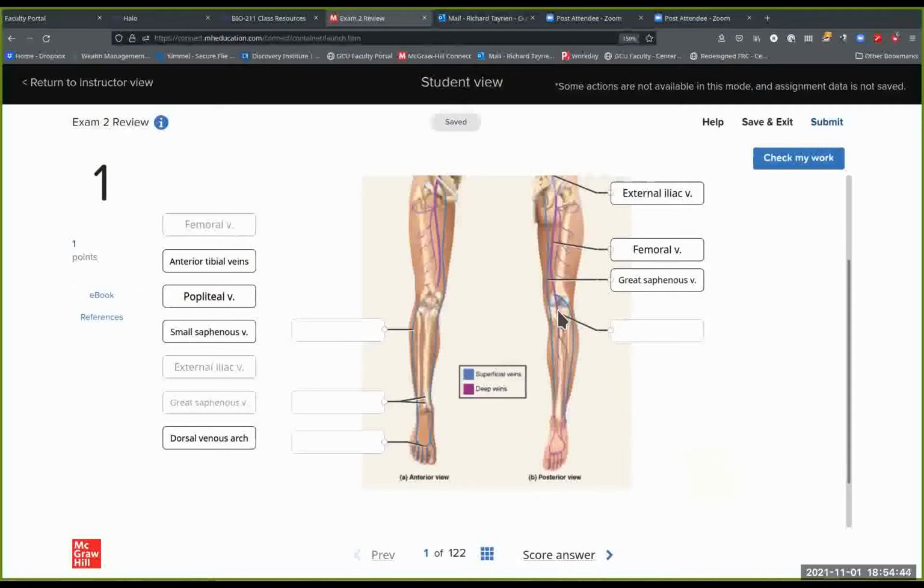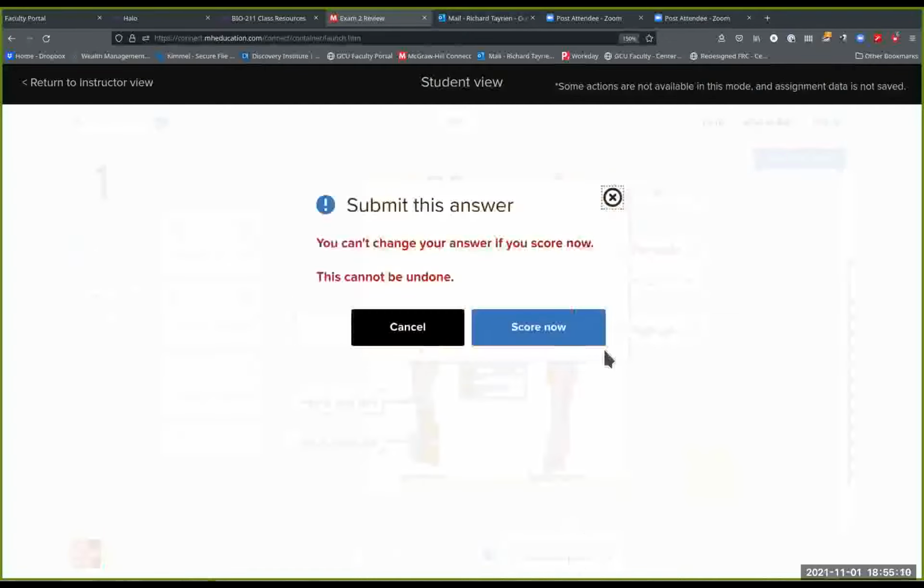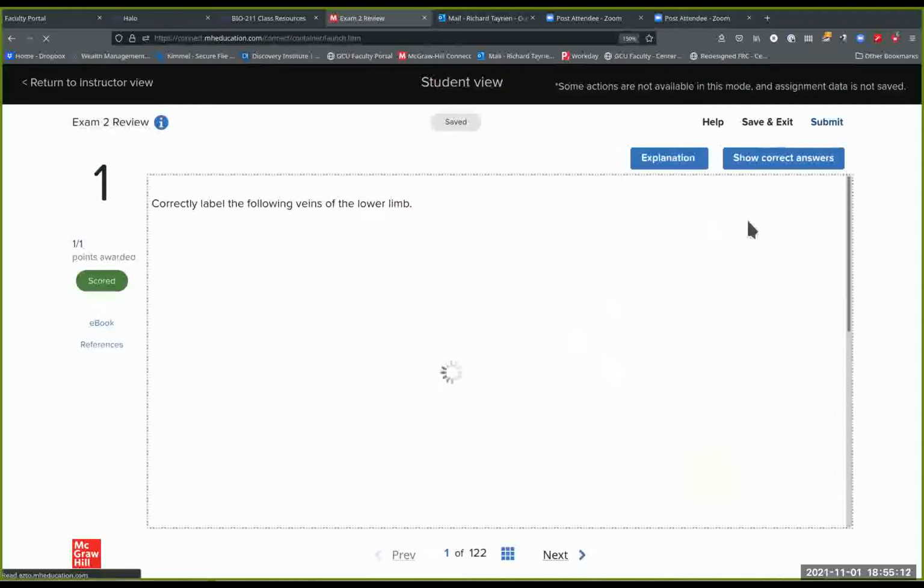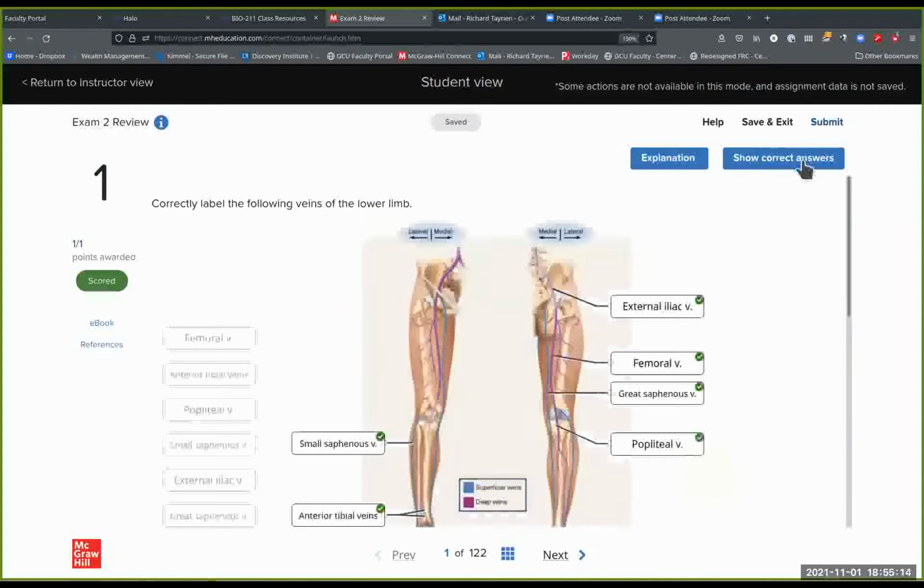Oh, popliteal. Yeah. And other than this one, I wouldn't worry about the others. Small saphenous would be on the one above, left side. And then you got this arch and anterior tibial. There you go.